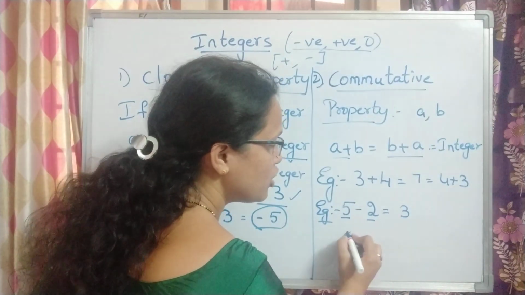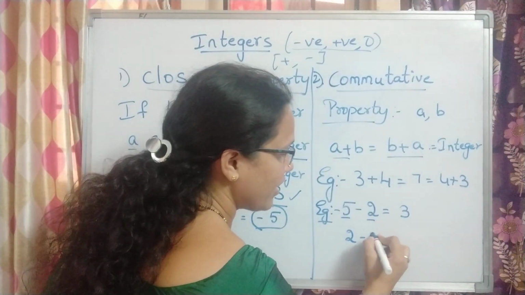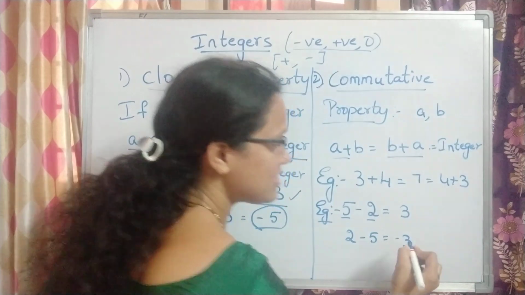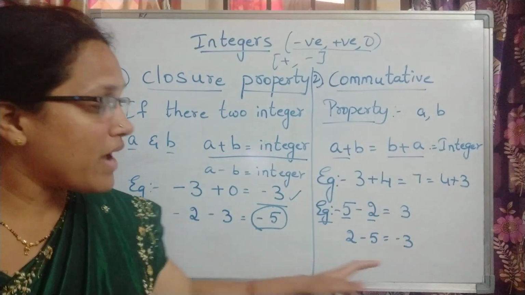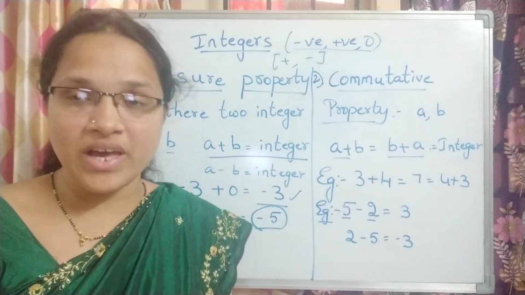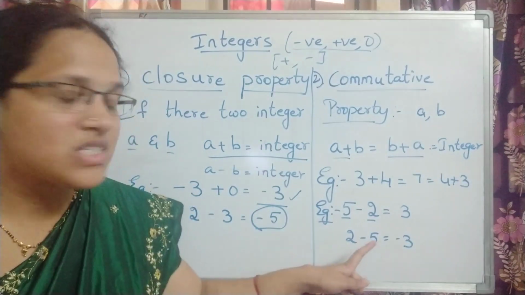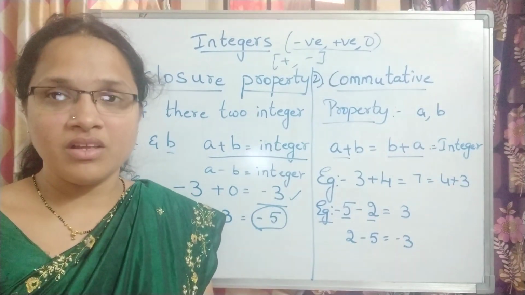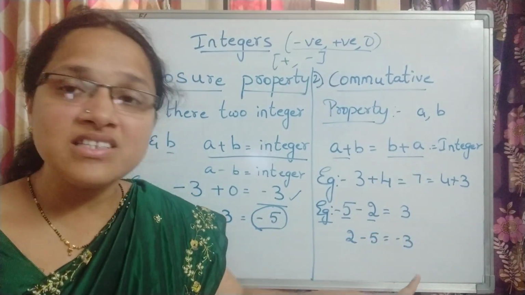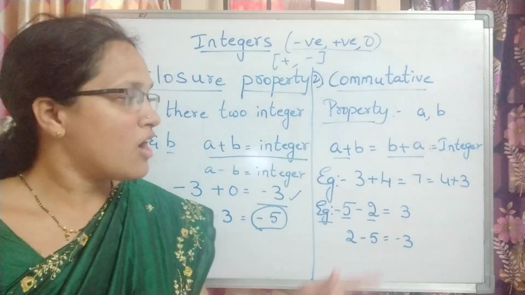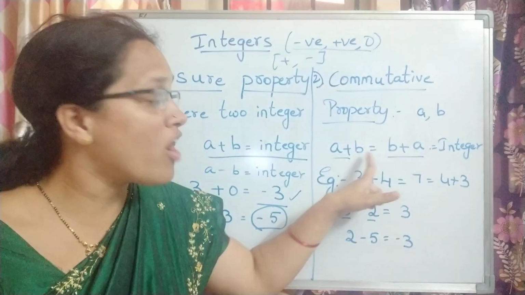But children, 2 minus 5 is minus 3, according to the integer's value. So that is why the answers are not the same. Yes, of course they are integers, but they are not equal.